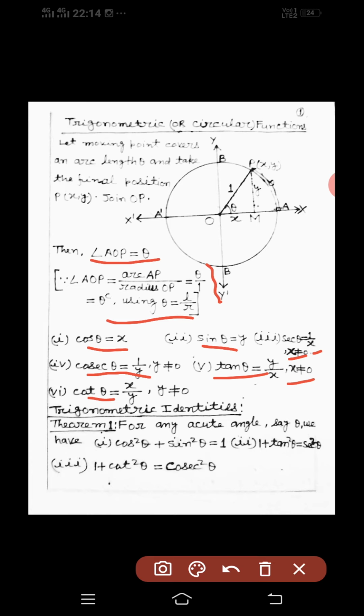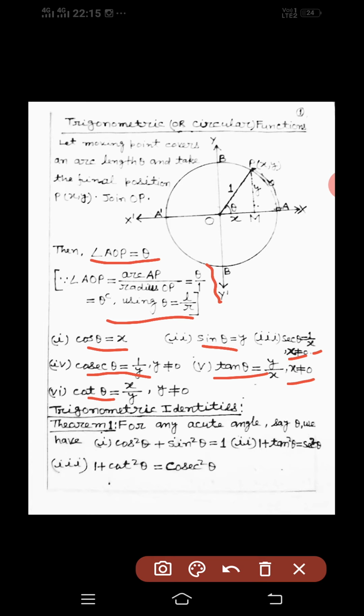Dear students, clearly we have sec theta is equal to 1 by cos theta, cosec theta is equal to 1 by sin theta, tan theta equal to sin theta by cos theta, and cot theta is equal to 1 by tan theta, equal to cos theta by sin theta.